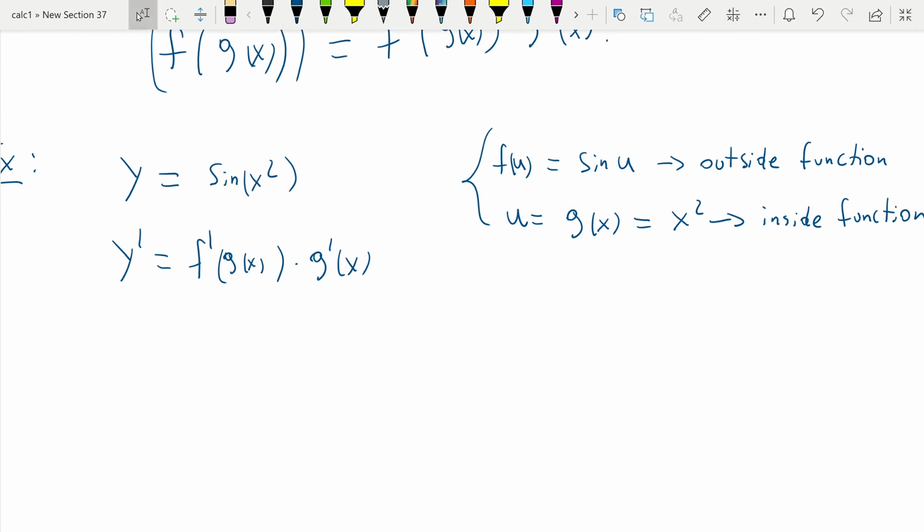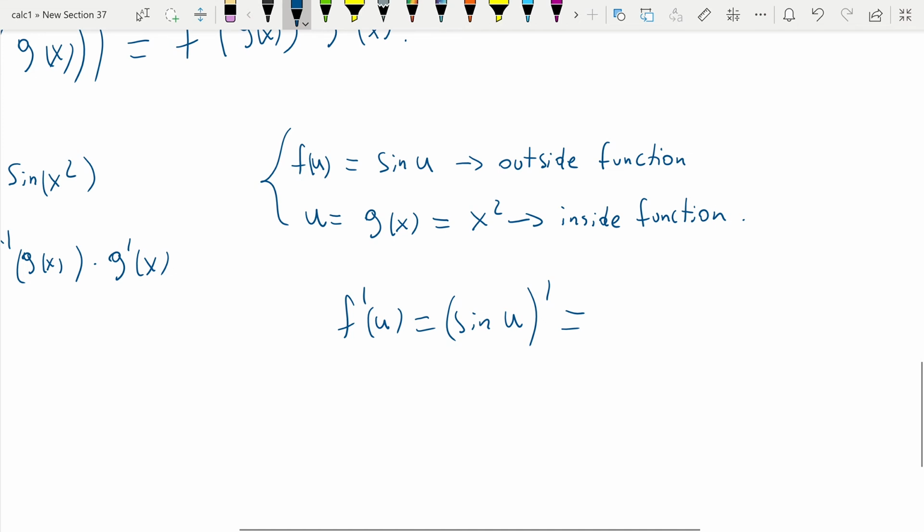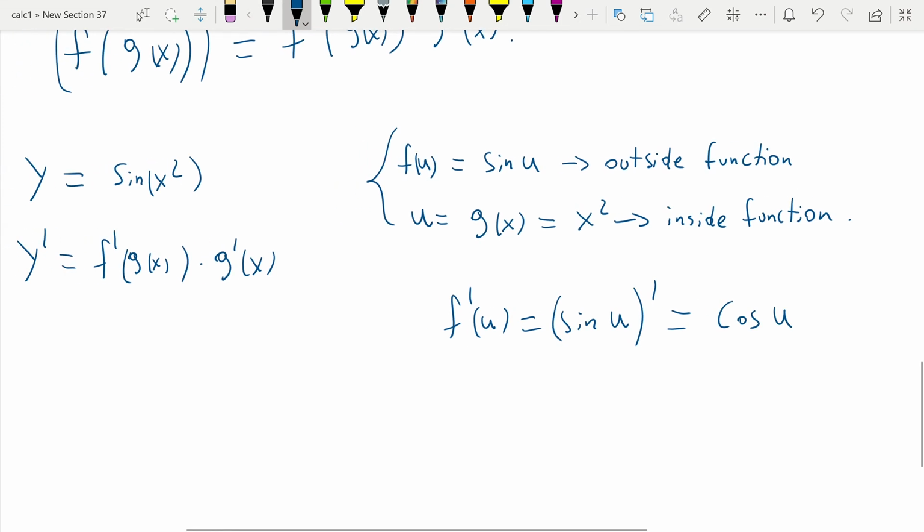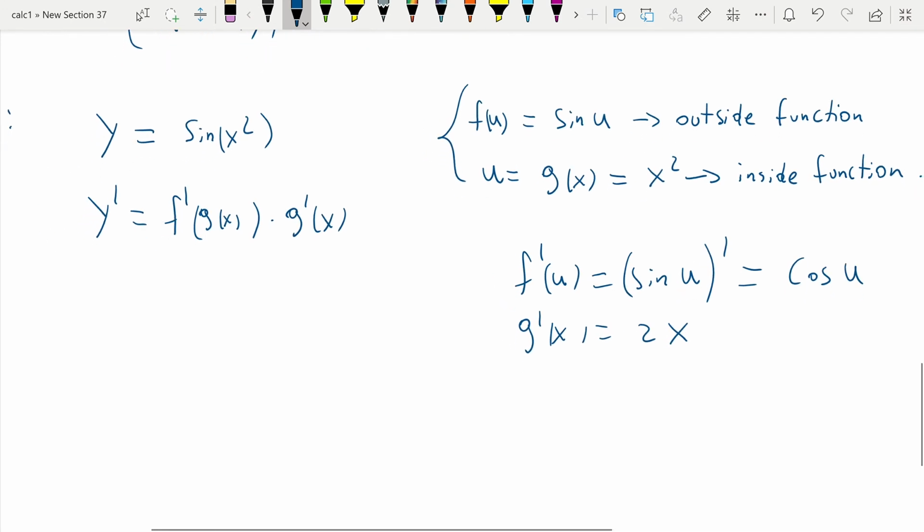Now, what's the derivative of f? F prime of u is the derivative of sine evaluated at u. We learned that last week, so this is cosine of u. And what is g prime? G prime of x is, well, this is the power rule, 2x.